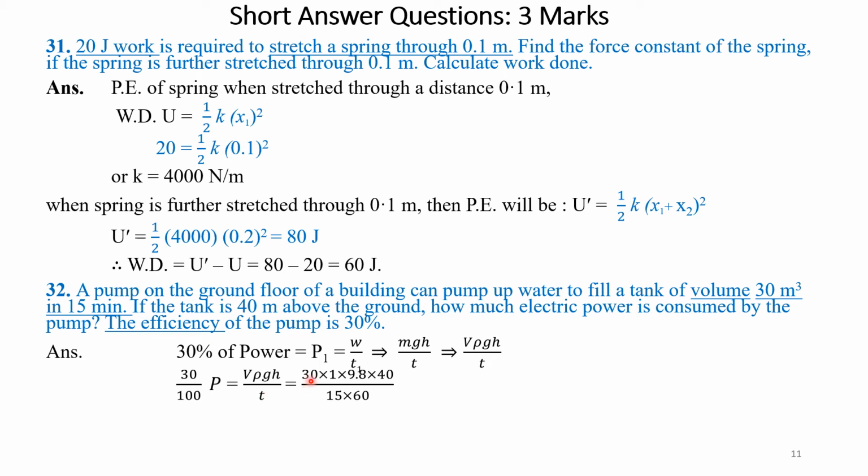That is equal to 30 into 1 into 9.8, where the value of g is 9.8 and the density of water is 1, into 40, and this 30 is volume, divided by 15 minutes. 15 minutes have to be converted into seconds, so we multiply 15 into 60. Simplifying, we get the power as 43.6 kilowatt.